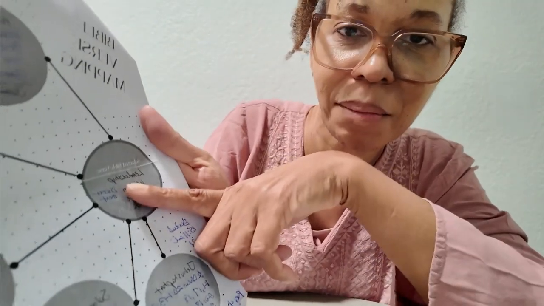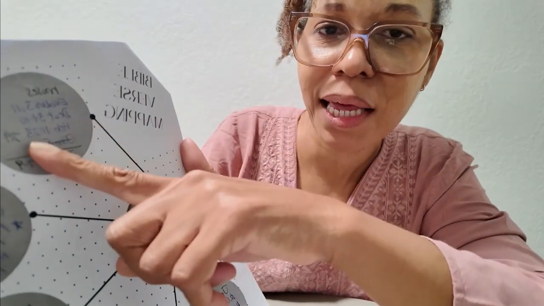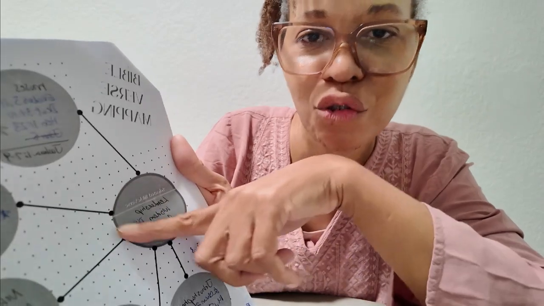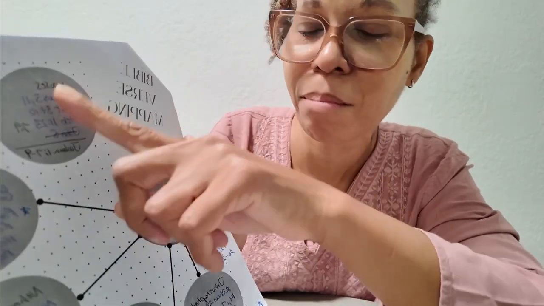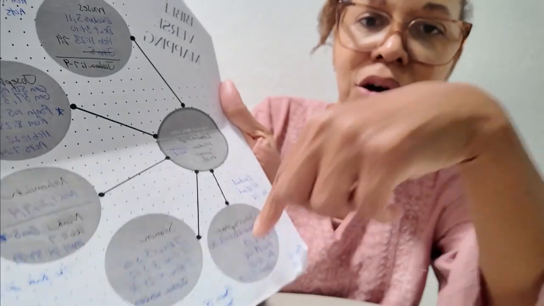You don't have to do it that way. You can actually pick a topic. Let's say you're struggling with faith, you can put faith here, and then you can relate stories that relate to faith, or you can put Bible verses here that relate to faith.